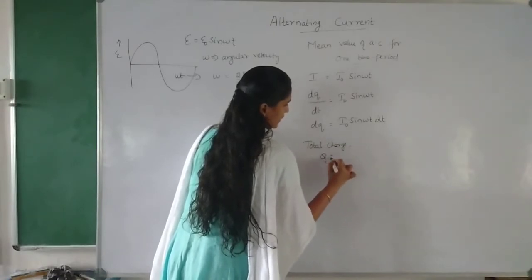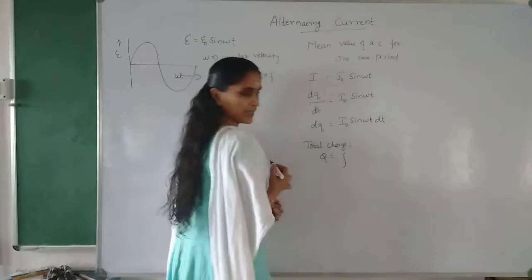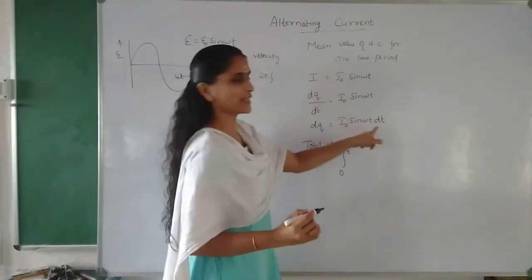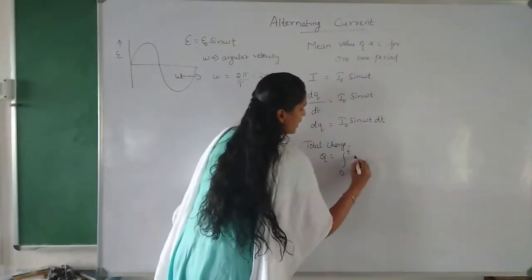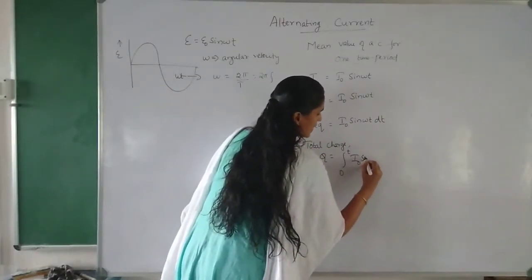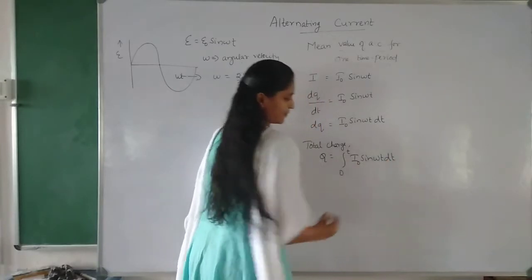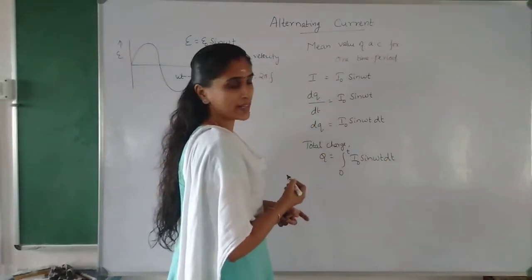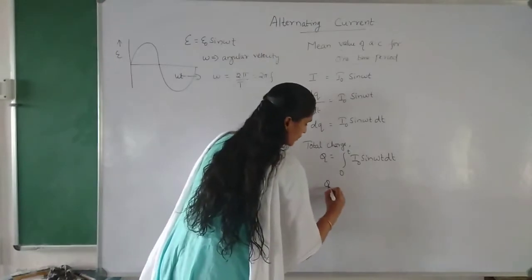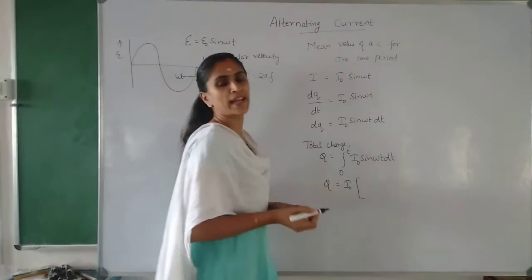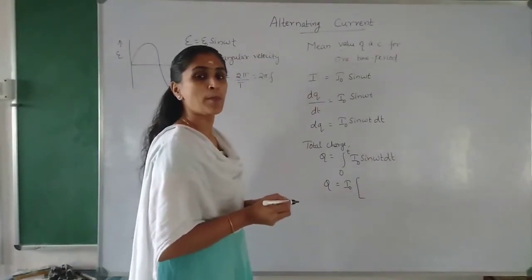Q can be written as the integral from 0 to T, because t is the variable, of I0 sin omega t dt. I0 can be taken outside the integral. If you integrate sin omega t, what you will get?